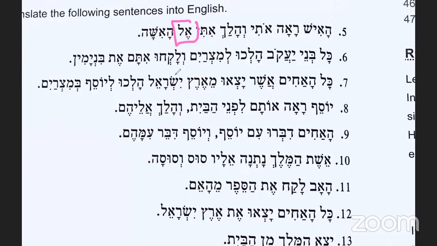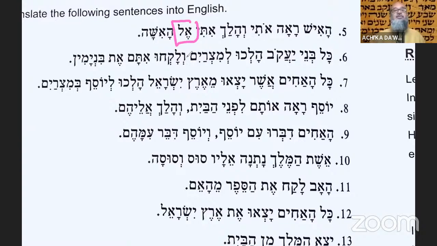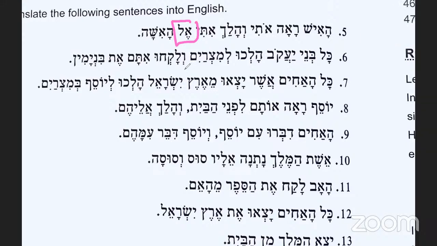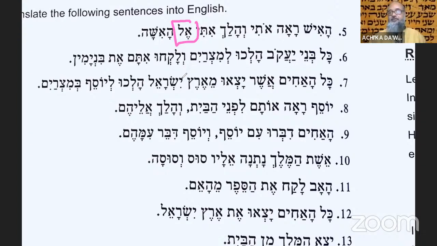Direct. El. Is it a weak staff or a strong staff? Strong. Why is it strong? Tell me what part of it makes it strong.